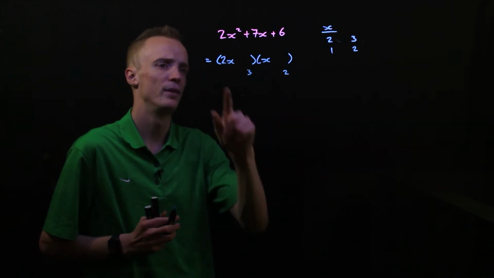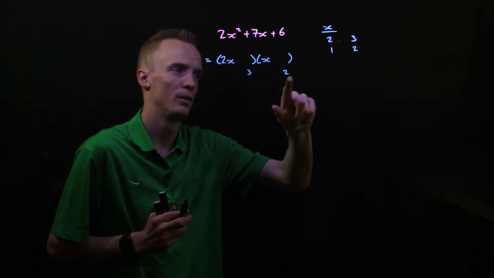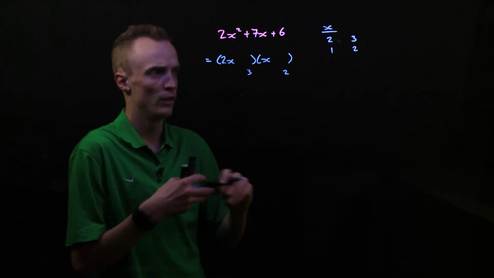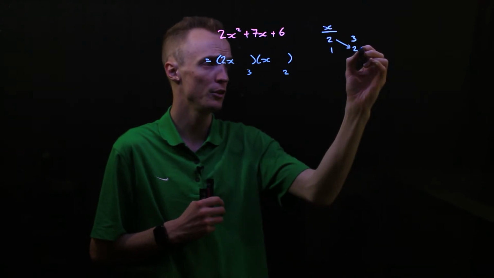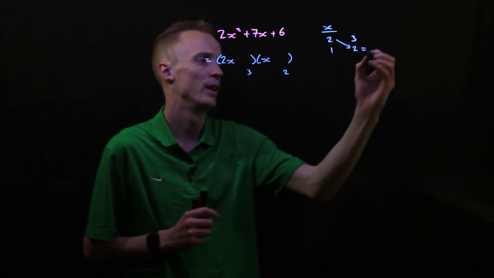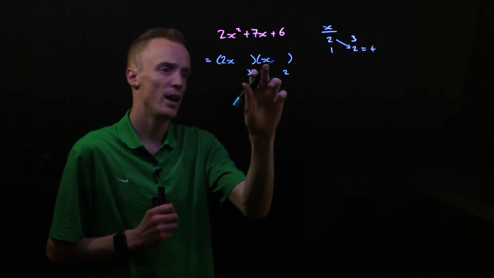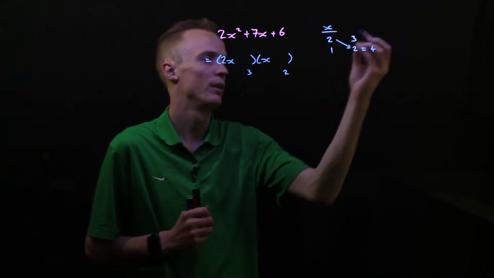What actually happens is the 2x multiplies with this 2. So this 2x will multiply with this 2. So what I'm going to do is I'm going to cross multiply here and go 2 times 2 will equal 4. And then my x will multiply with this 3. So my 1x will multiply with this 3.